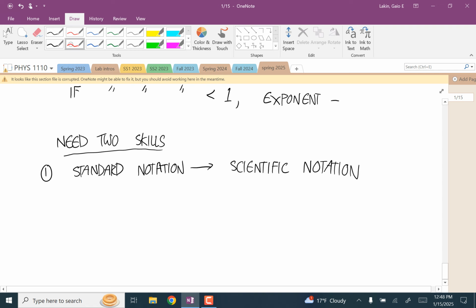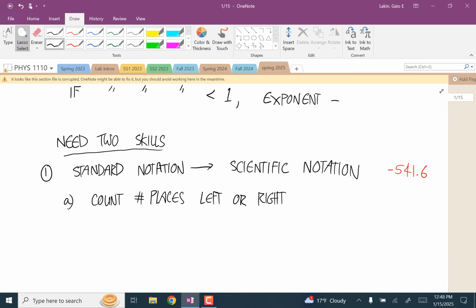As I do this, my example is going to be the number negative 541.6. Okay, so the first step, A, is to count the number of places left or right.